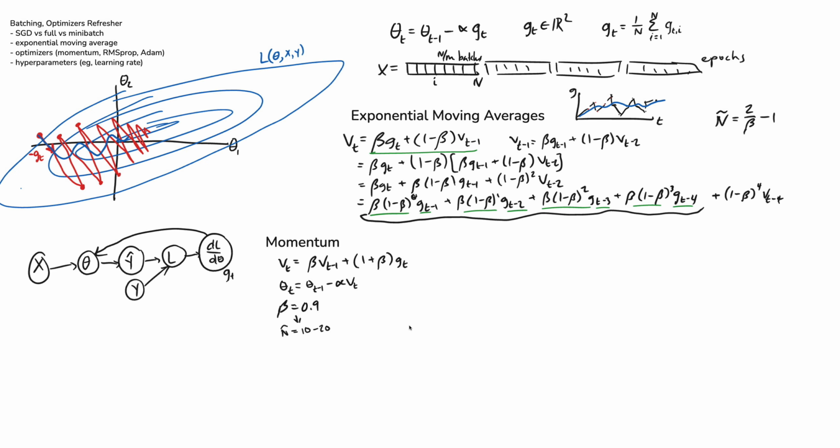So the intuition here is, basically, in this case there's this oscillating direction, the vertical, up the side of the valley direction, that over each iteration is oscillating back and forth in different directions, which will effectively cancel out to some extent in the moving average.